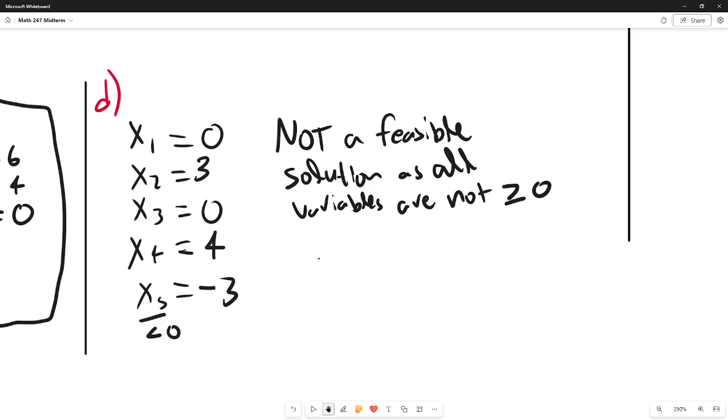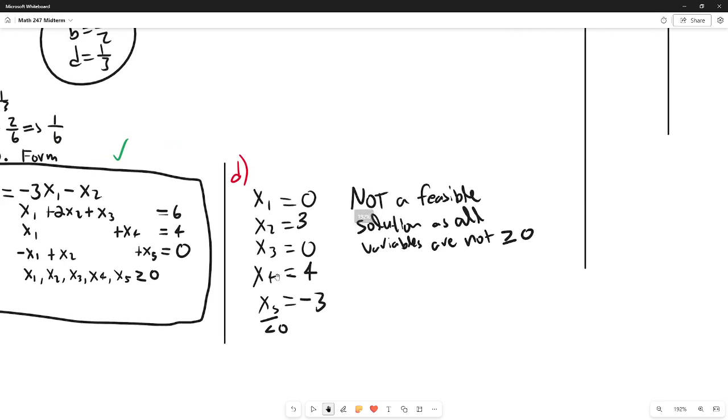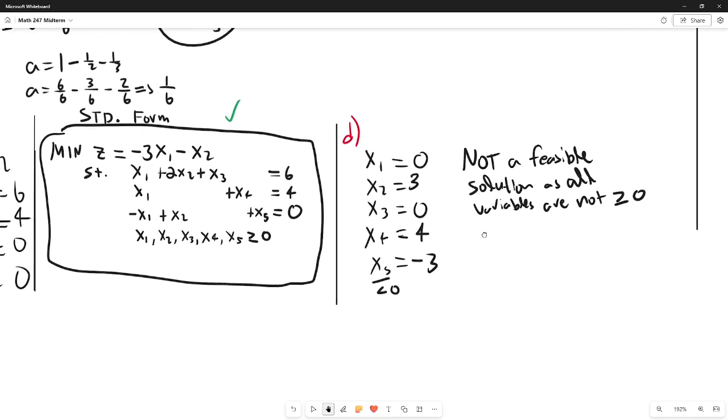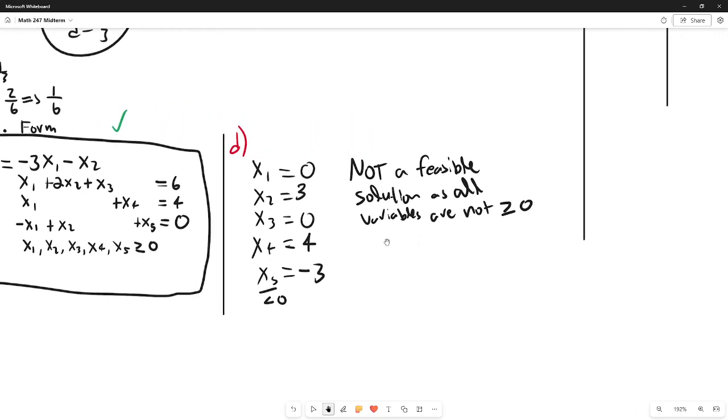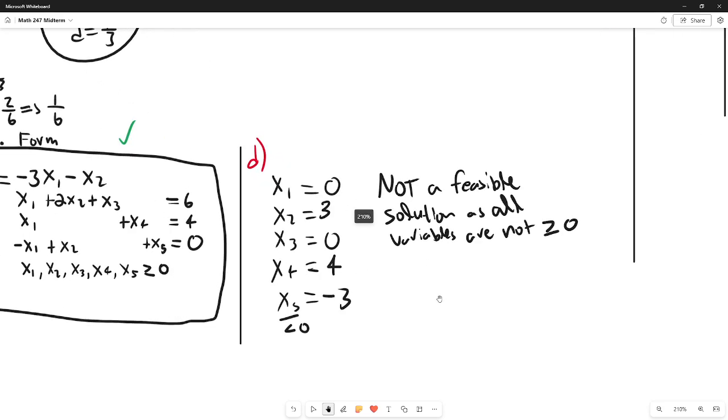If x5 was just anything greater than or equal to 0, then this would be a feasible solution. But since it's not, this is not a feasible solution. So that is the answer to D.